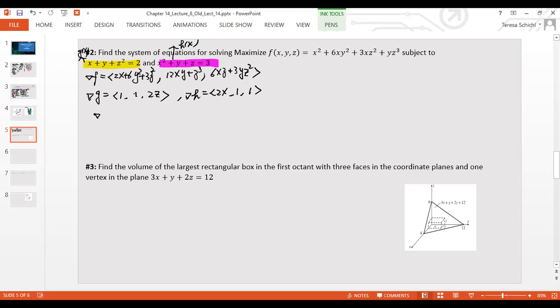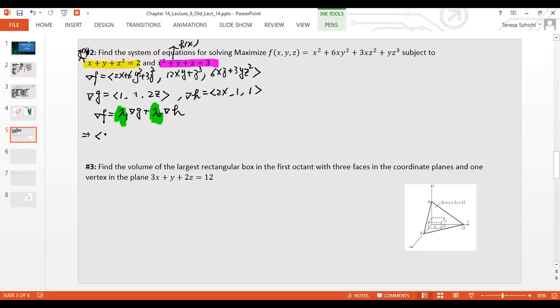So I know del f is going to be equal to lambda 1 del g plus lambda 2 del h. See here, you have two Lagrange multipliers. Okay, so now let's just write it out.